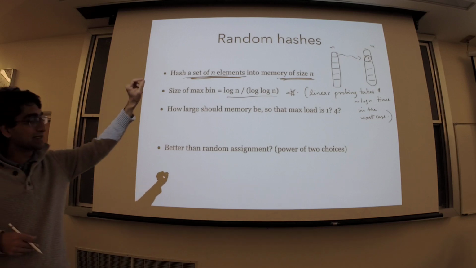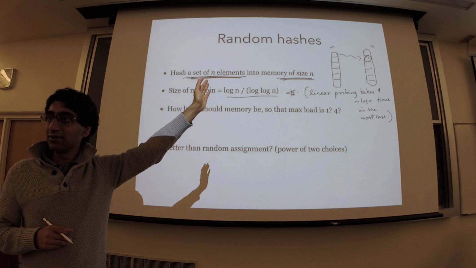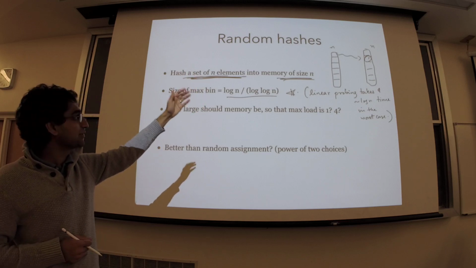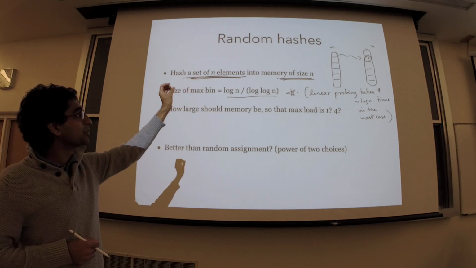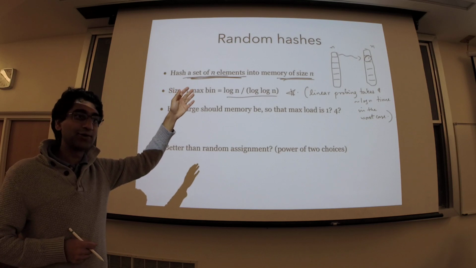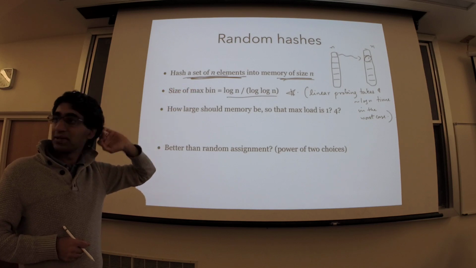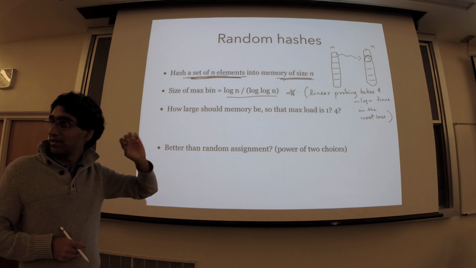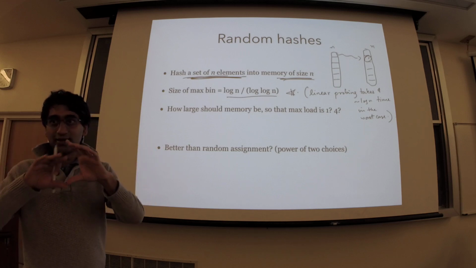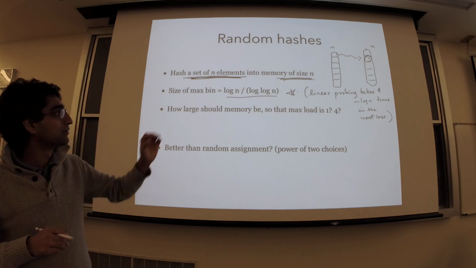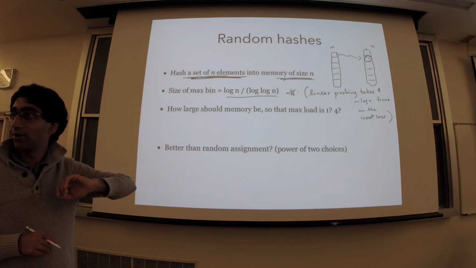So there are some bins for which linear probing can take a long time. But there are nice things you can show. You can show that for most elements, searching for them takes only constant time, so the expected times will be constant and so on.